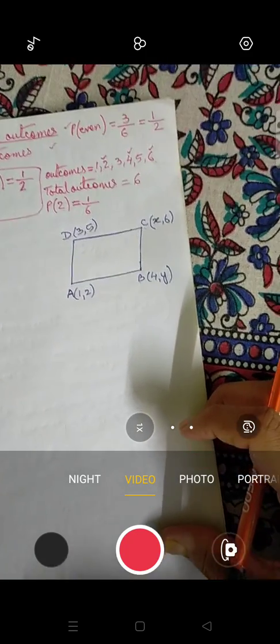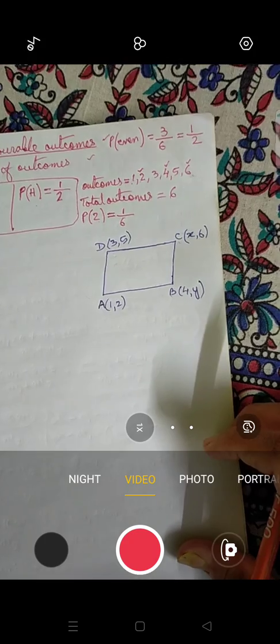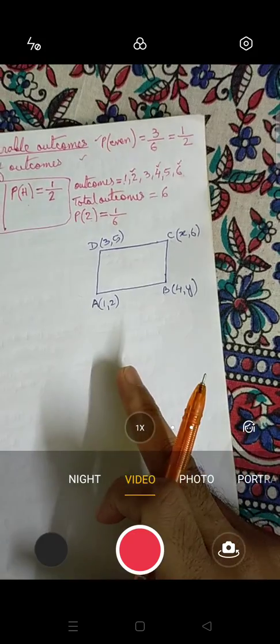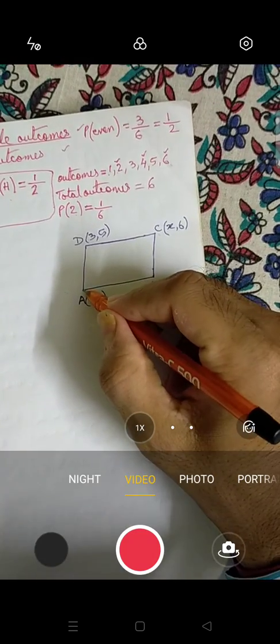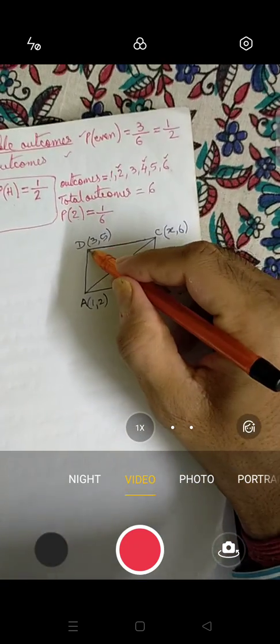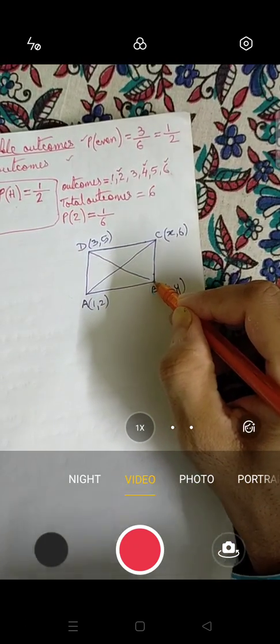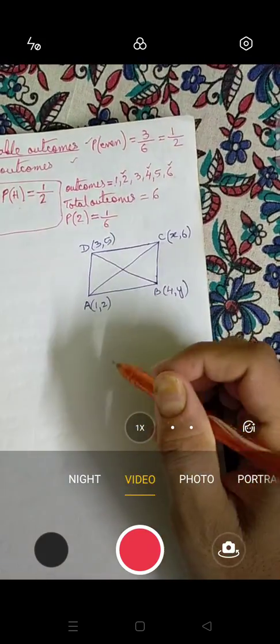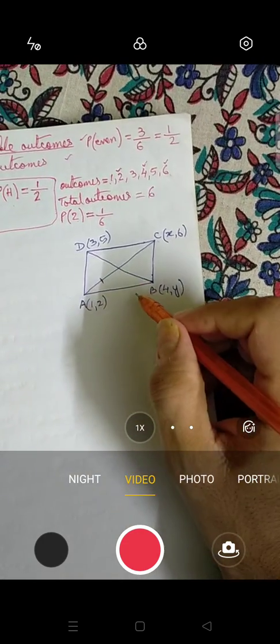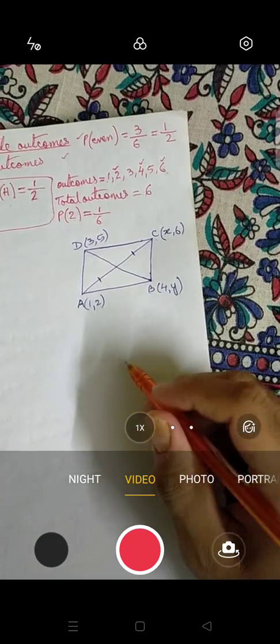So there is another way to find this. You have to remember, that's what I used to say, that some of the questions you have to remember how to solve if you get this question. So in this case I will join A to C, and D to B or B to D. And you know the property of a parallelogram, we can say that diagonals of a parallelogram bisect each other.